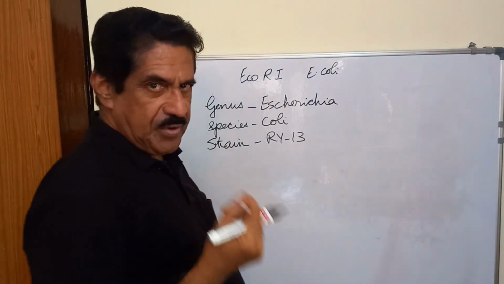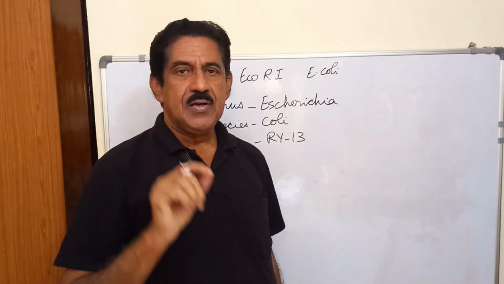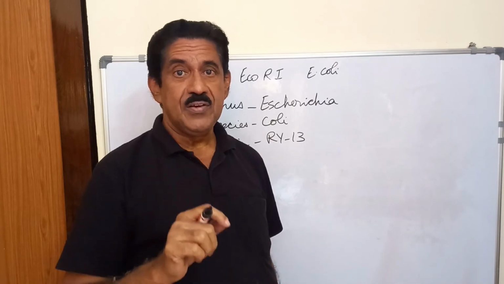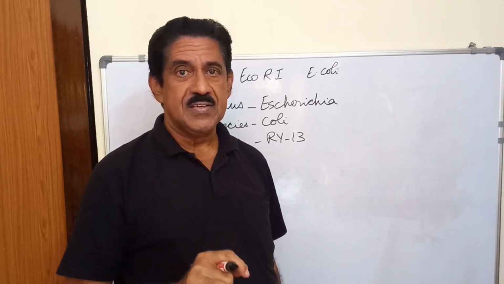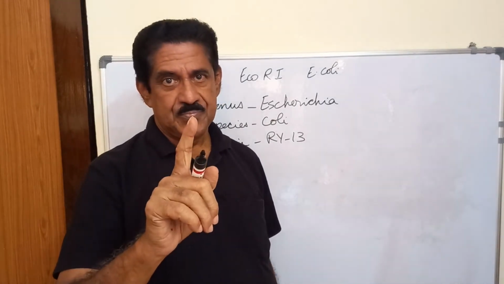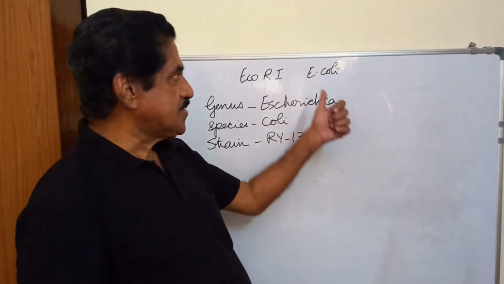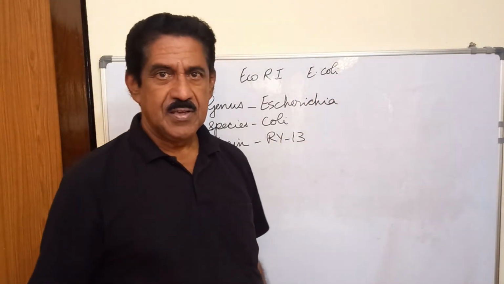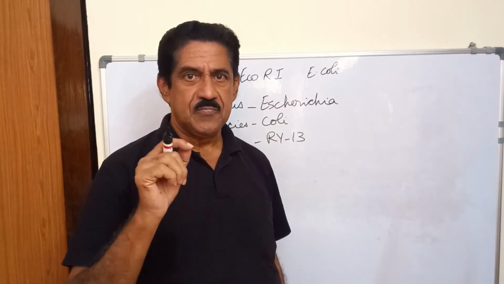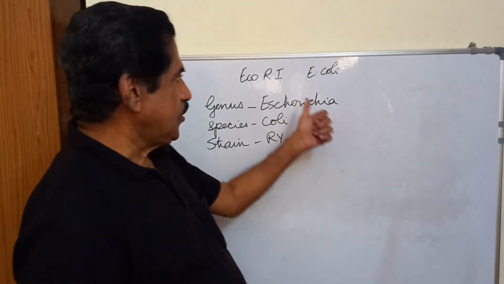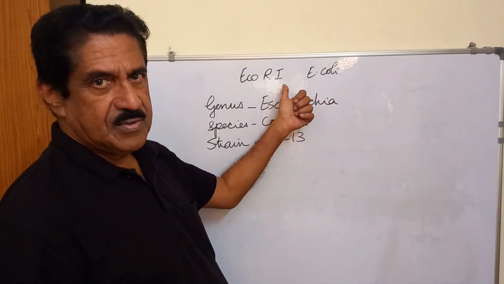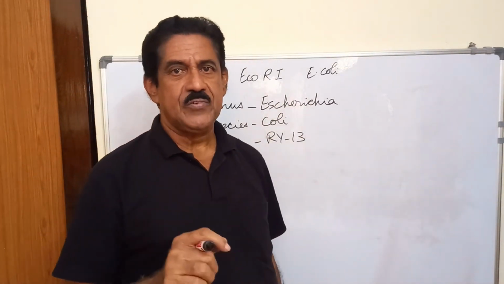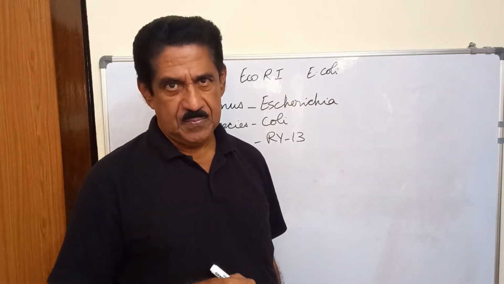See, I want to make it very clear to you. There are more than one restriction endonuclease in one bacteria. E. coli has several restriction endonucleases. The one which was discovered first is given the Roman numeral I. So that shows the order in which the enzymes were discovered.